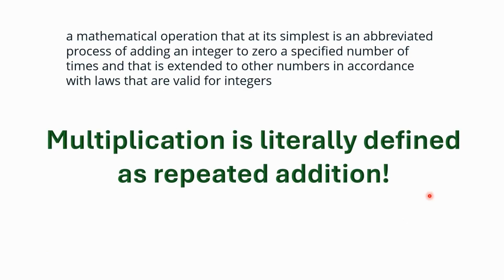Now, I know that sounds a little complex, but basically what it says is that multiplication is literally defined as repeated addition. So multiplication already has precedence over addition and subtraction. No parentheses are needed. That's one of the biggest areas of confusion where people really don't understand the order of operations.